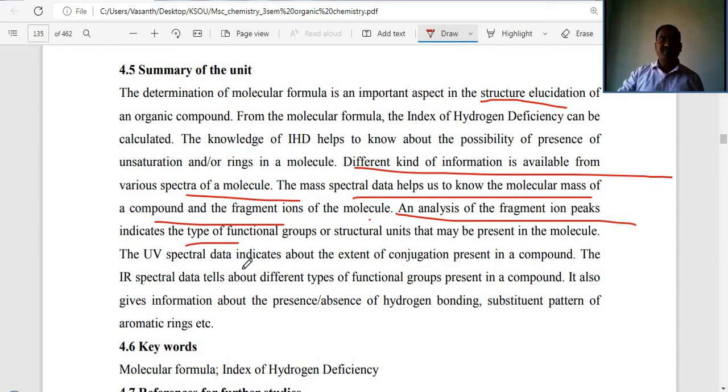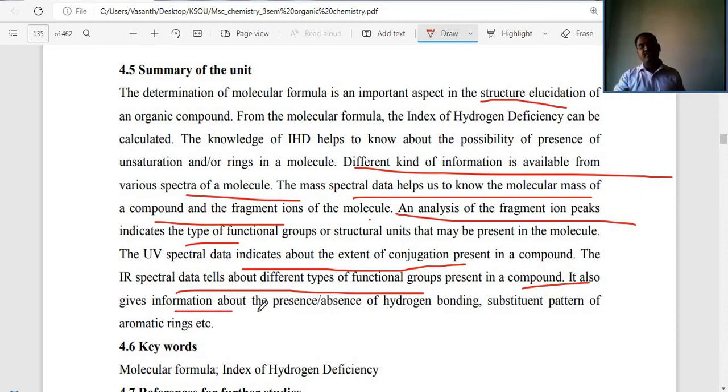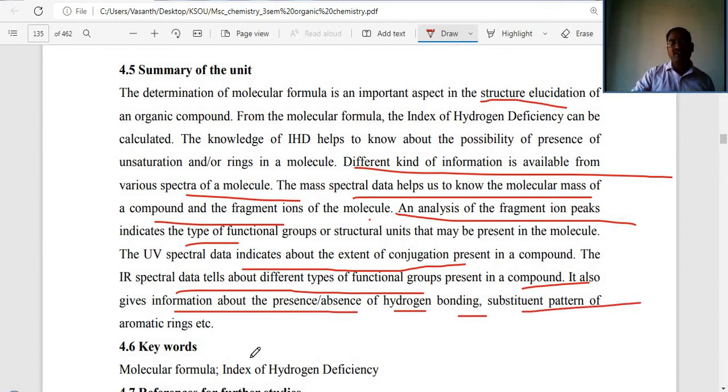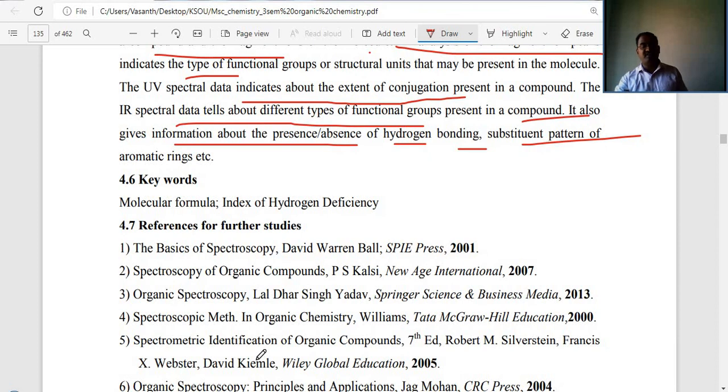The IR spectral data indicates the extent of conjugation present in a compound. The IR data tells about different types of functional groups present in a compound. It also gives information about the presence or absence of hydrogen bonding and substituent patterns of aromatics.